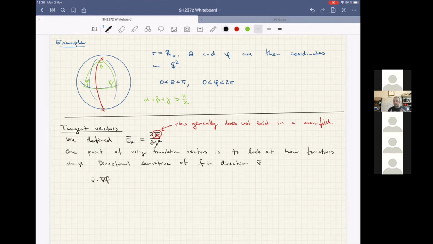But if we expand this in terms of the coordinates, this is just v^A ∂_A acting on f.